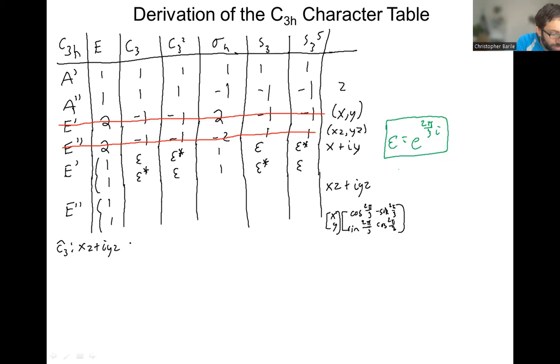Once you have that, we just plug this in. So we know what x is. x goes as cosine 2 pi over 3 x minus sine 2 pi over 3 y.